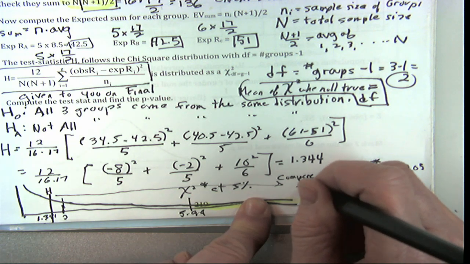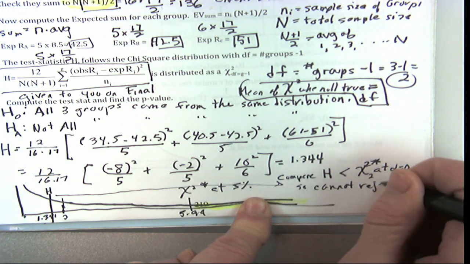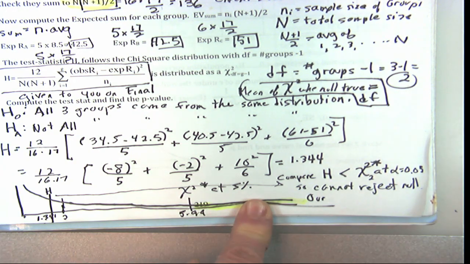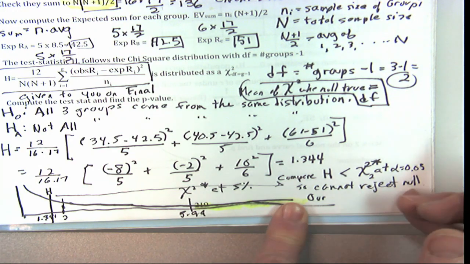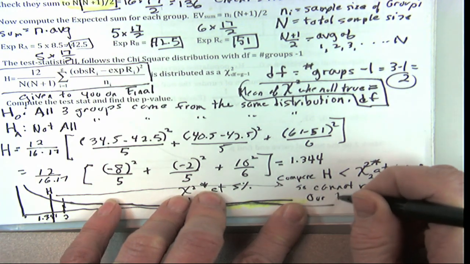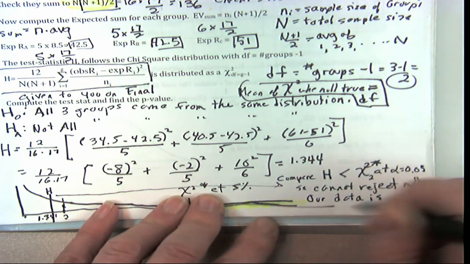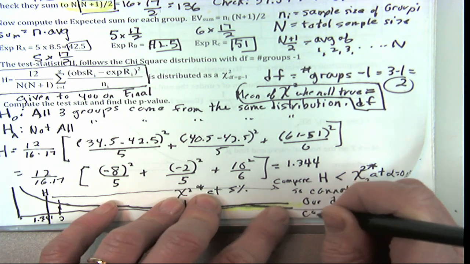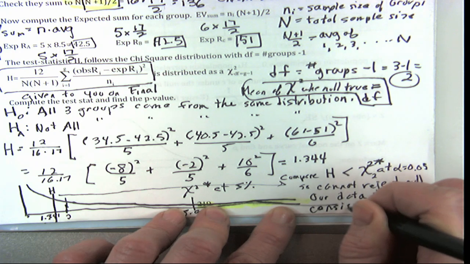So we cannot reject the null. Our data is extremely consistent with the null. It strongly agrees with the null. We assume the null, and our data is very consistent with the null.